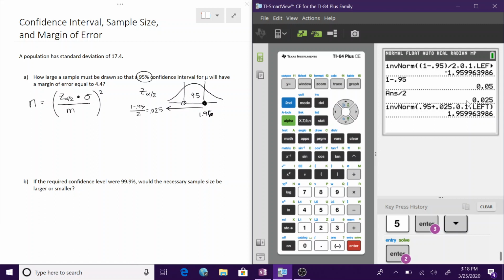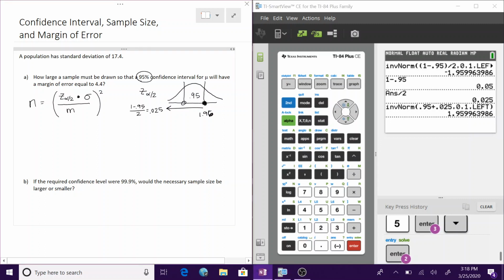Alright, now that we have our critical value, we can do what we call plug and chug. So our critical value is going to be equal to 1.96.